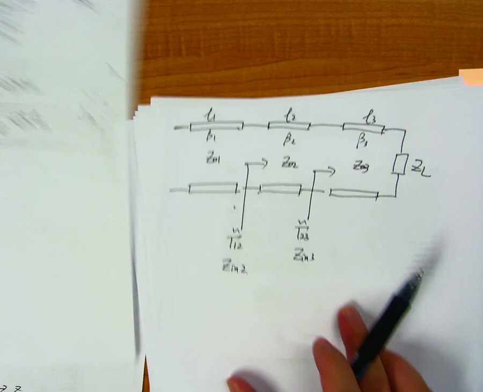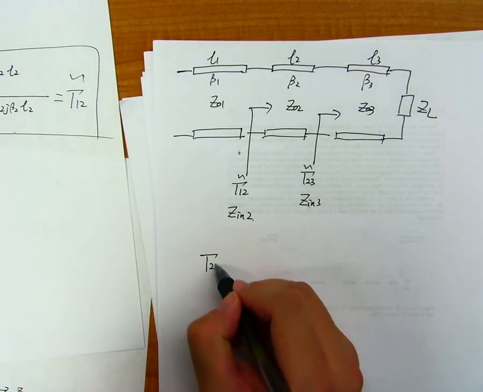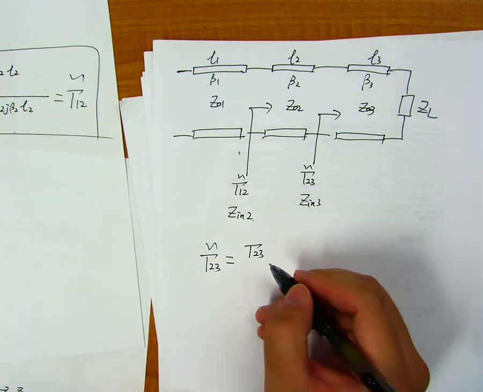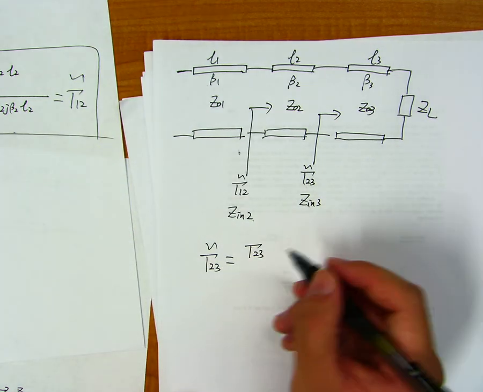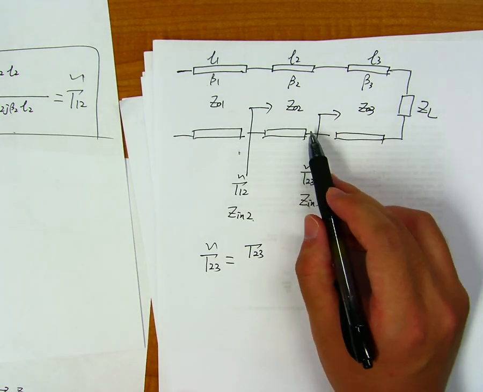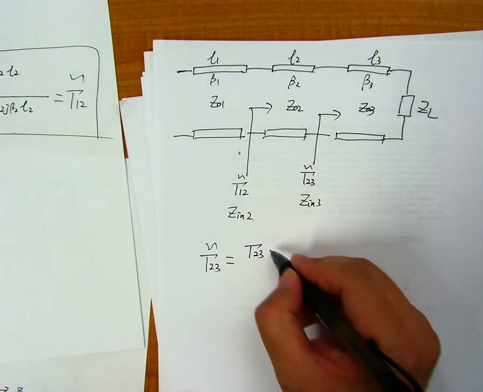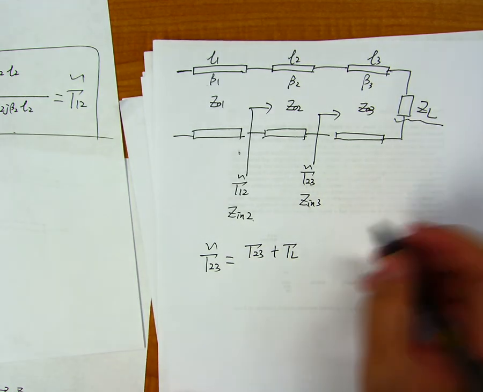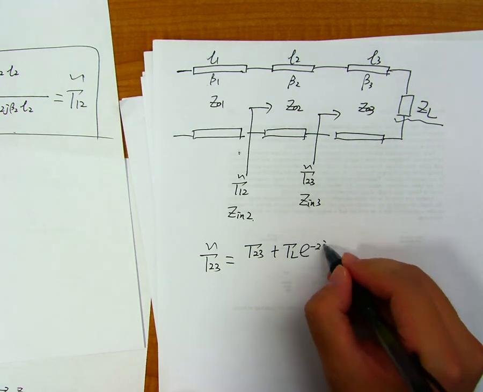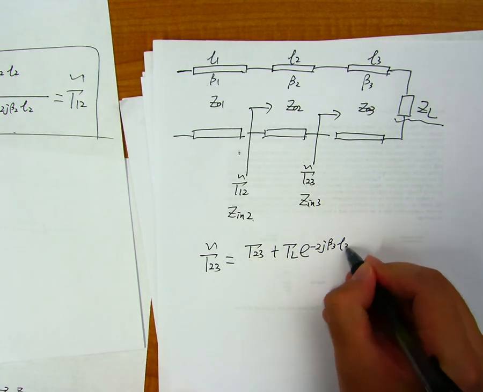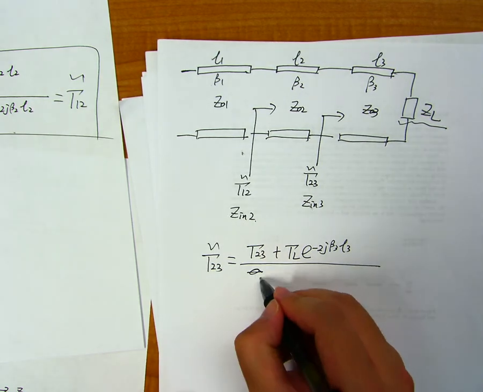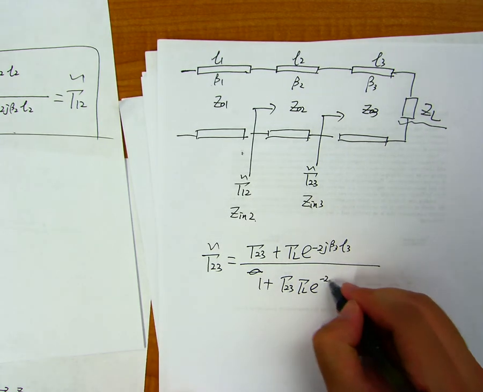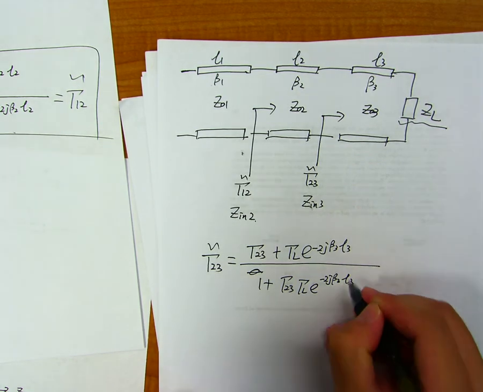First find gamma_23 tilde, which is the local reflection coefficient gamma_23, nothing but (Z03 minus Z02) over (Z03 plus Z02), plus gamma_L, which is determined by Z_L here, times e to the negative 2j beta_3 L3, all over 1 plus gamma_23 gamma_L e to the negative 2j beta_3 L3.